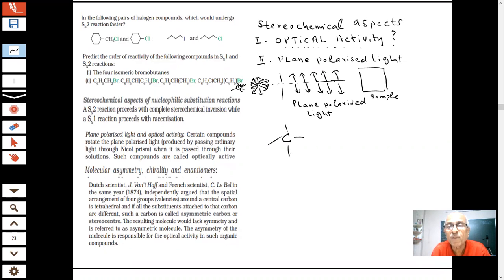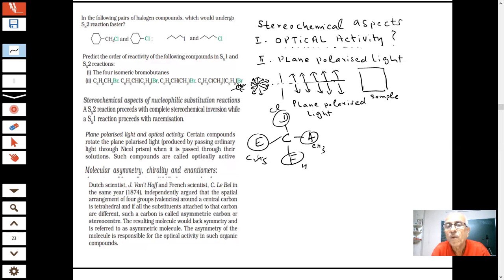If the four substituents attached are different, for example A, D, E, F, or CH3, H, C2H5, and Cl, now four different groups are attached.